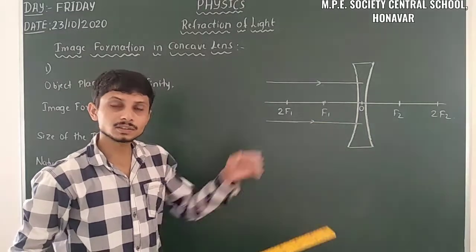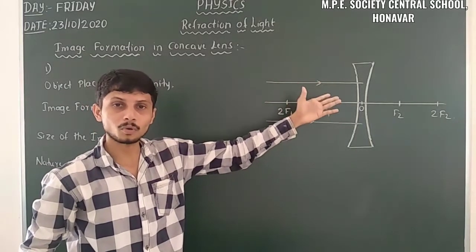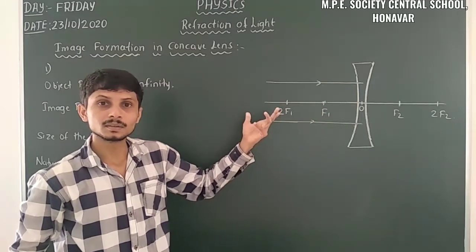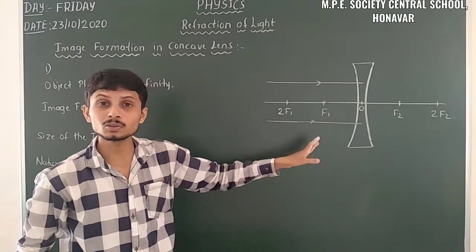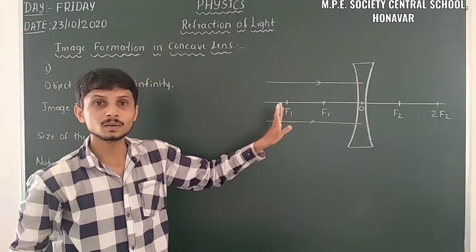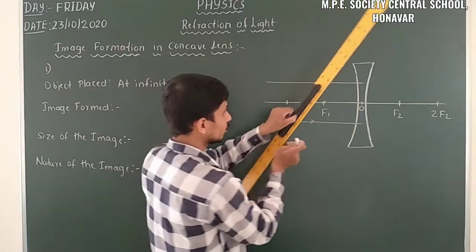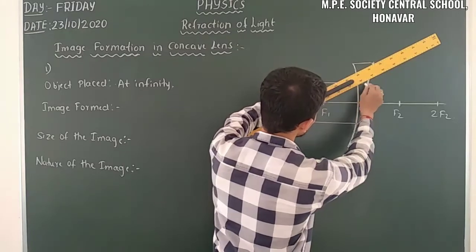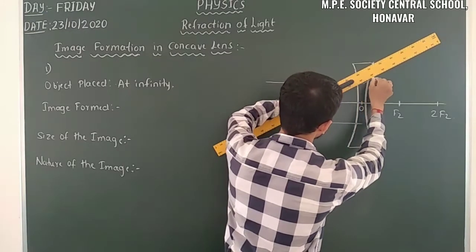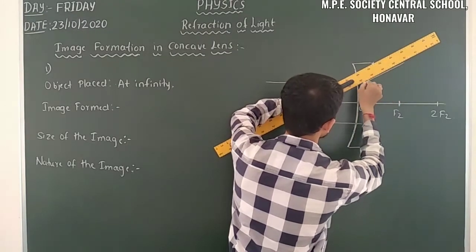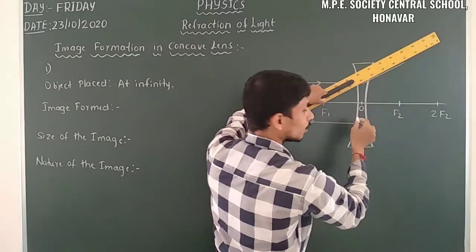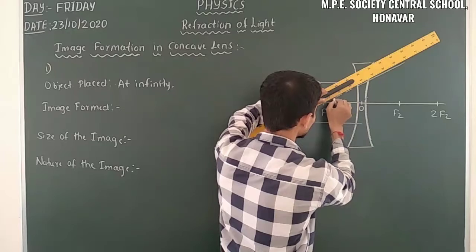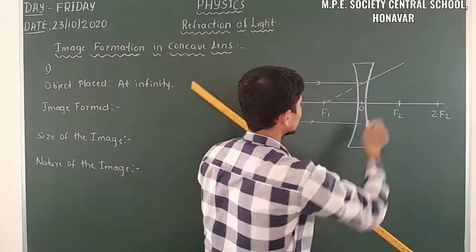So in case of a concave lens, after refraction it diverges from the principal axis but appears to meet at the principal focus. So likewise we have to take, just observe, like this. Here the original ray diverges from the principal axis, but it appears to meet on the focus, like this.